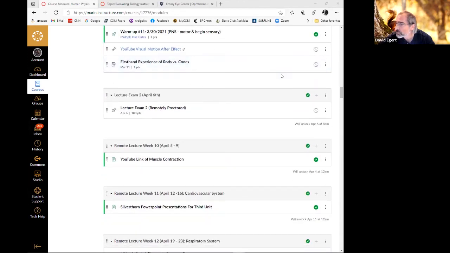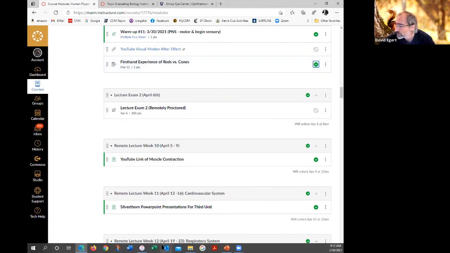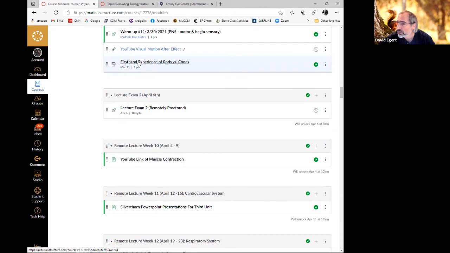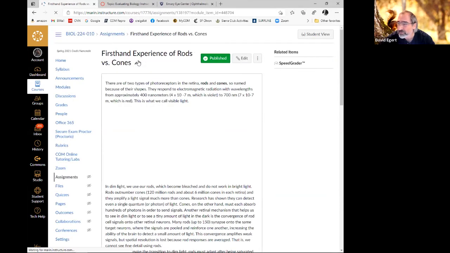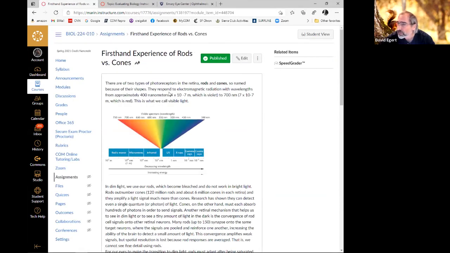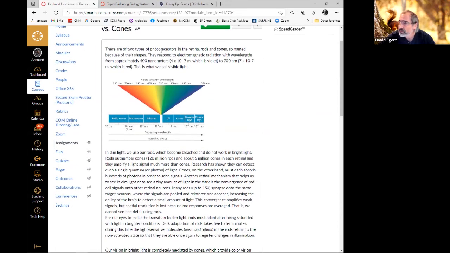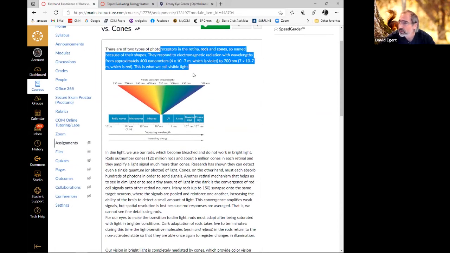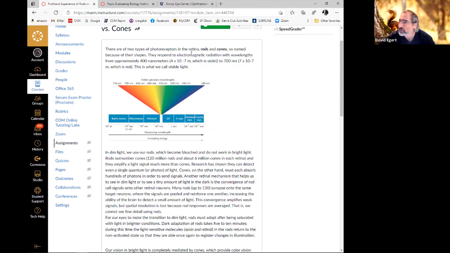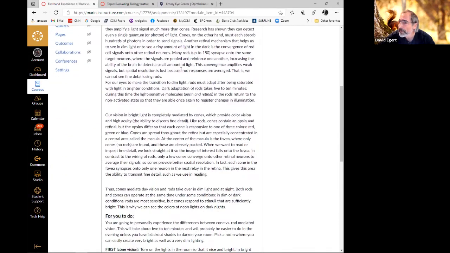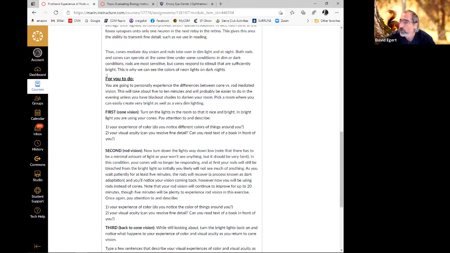So this here, I'm posting it now, so it exists. First-hand experience of rods versus cones. I put here due March 11th, although I would do it before then. So basically, it's just kind of reviewing the stuff we're talking about. Two kinds of photoreceptors, rods and cones. For you to do.